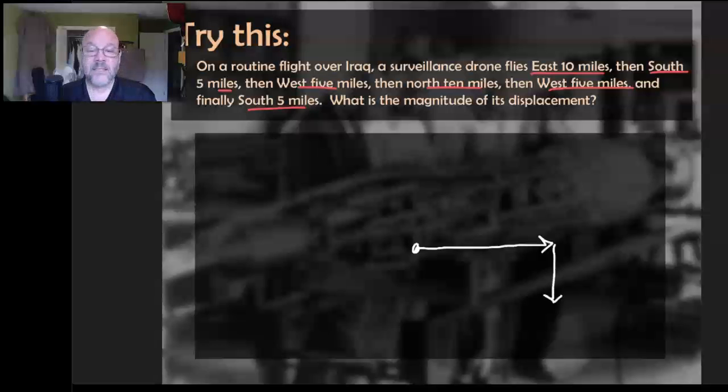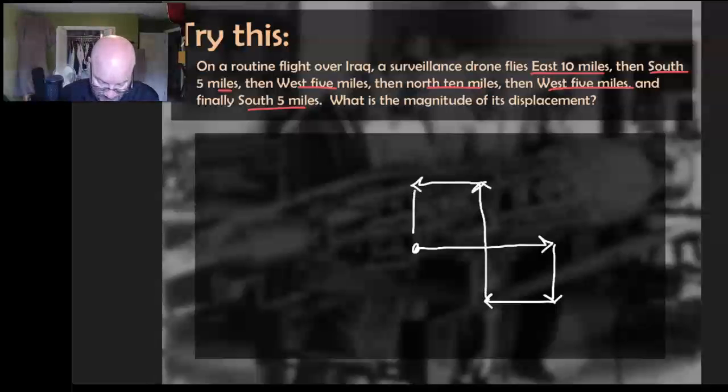Then west, so I go that same amount again. Then north 10 miles, so I try to go as far as my first line, but up. Then west 5 miles here, and then south there. And if we go start to finish, we ended up right where we started.